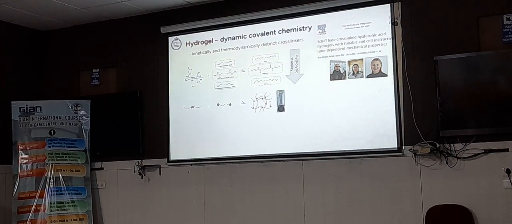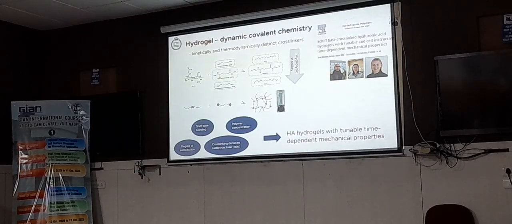What they did was they functionalized the hyaluronic acid to create these aldehydes, and then they used these different cross-linkers, the DAB, the ADH, and the PDO, and created a cross-link structure, and they looked into how that influenced the properties, if we could tune the properties of the hydrogels.